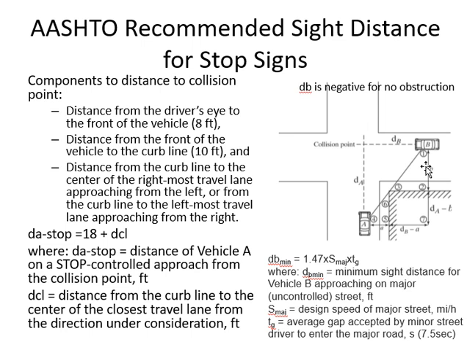Okay, these 3 components. So what they are saying, the distance of vehicle A, which has a stop sign, from the collision point should be equal to this much.